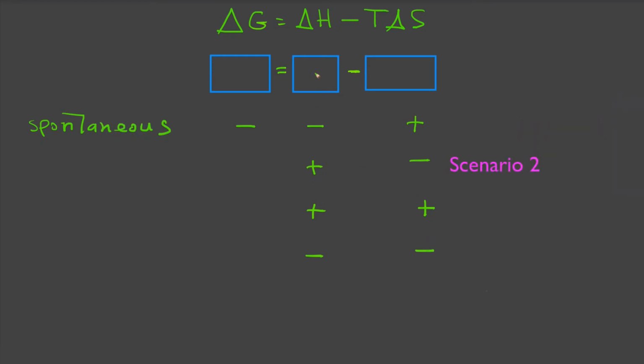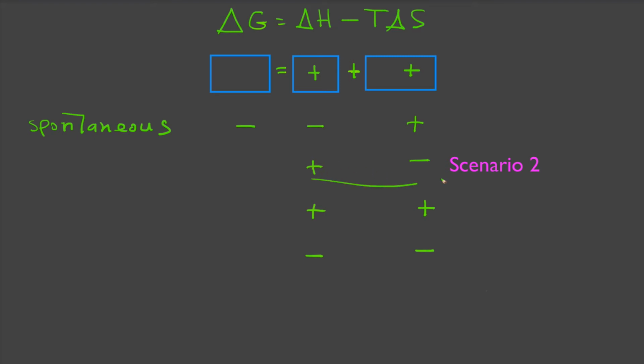On the other hand, if delta H is plus and delta S is minus, this is a little bit trickier, because what we have here is a negative sign in front of a negative number. And if you remember the little mathematical trick for that, anytime you have two negative numbers multiplied by each other, you can just change both of those to plus signs.